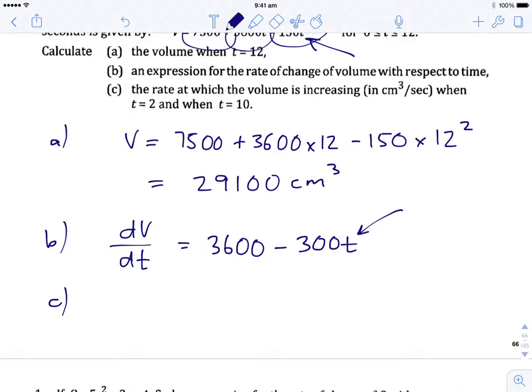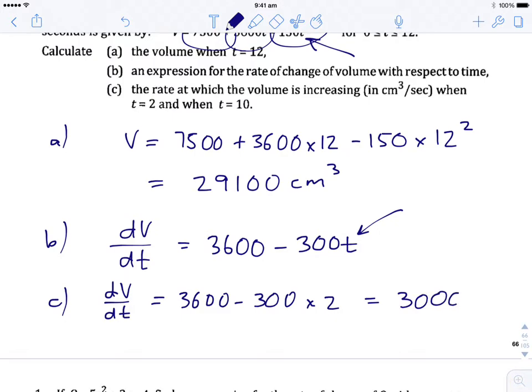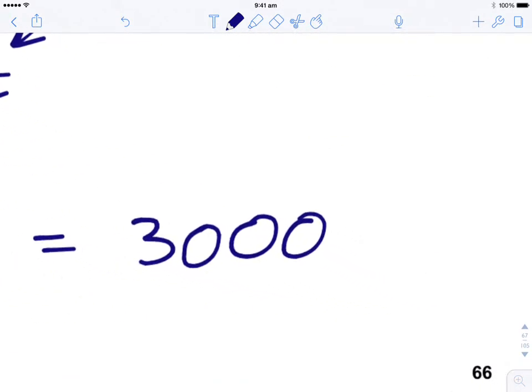And C, the rate at which the volume is increasing when t is equal to 2 and t is equal to 10. So all we have to do is substitute 2 into there, and when we do that, we get 3000. And the units here are important.